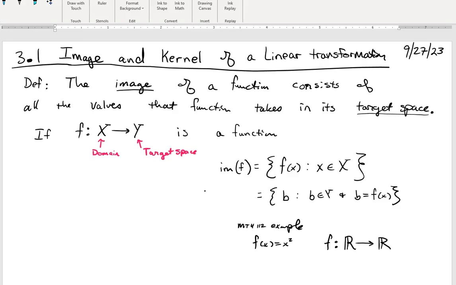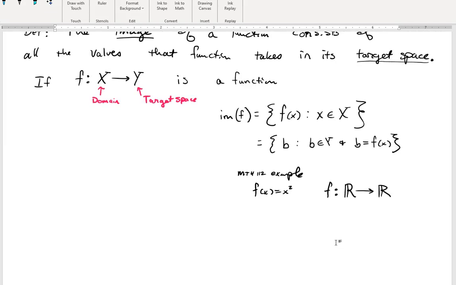You take a real number, you square it, and you come out with a real number that was something squared. That's what this function does. All right. The image, if we characterize, when I say characterize, describe the outputs to this function. Okay, stuff squared. Tell me something about stuff squared.